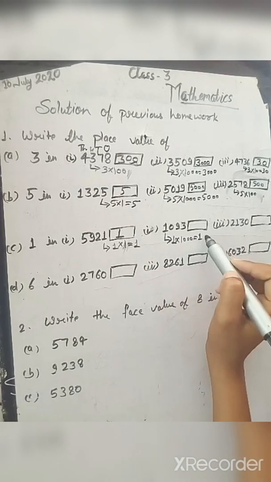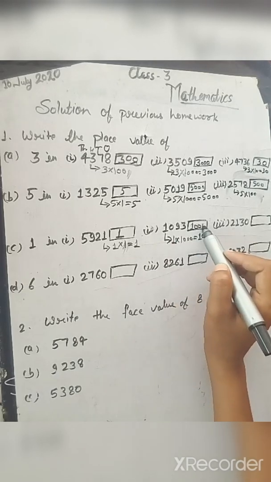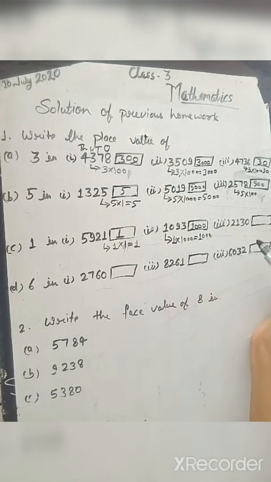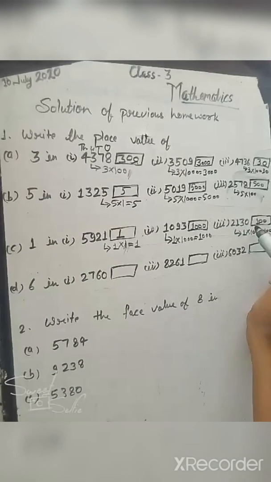We get 1000. So here we will write 1000. Next, in third, here 1 at the 100 place. So we will multiply it with 100 and we get 100. Same. So we will write here 100. In this question the place value of 1 is 100.